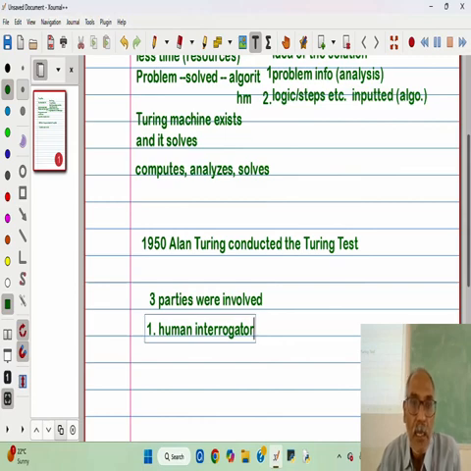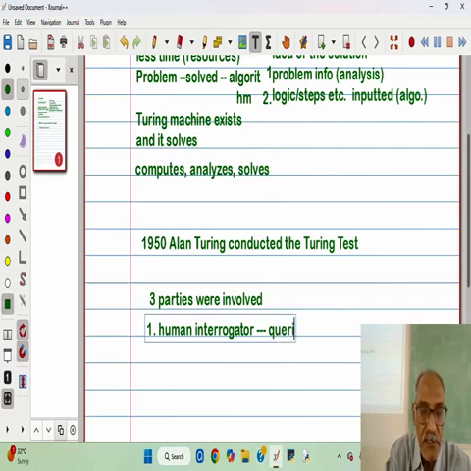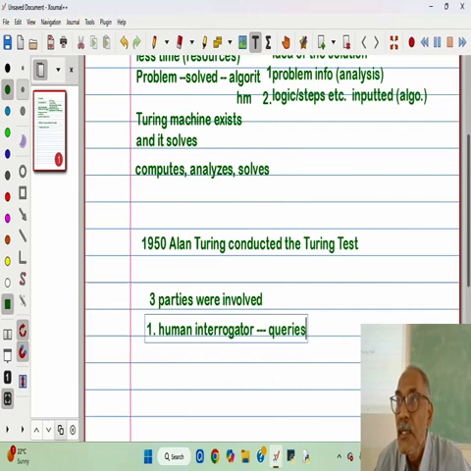As far as the human interrogator is concerned, he would be posing the queries. He would be asking the questions. Just like in the case of a DBMS, you give the query and immediately the database management system gives you the answer, the result appearing before you.